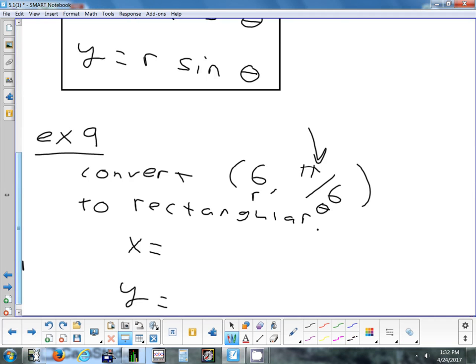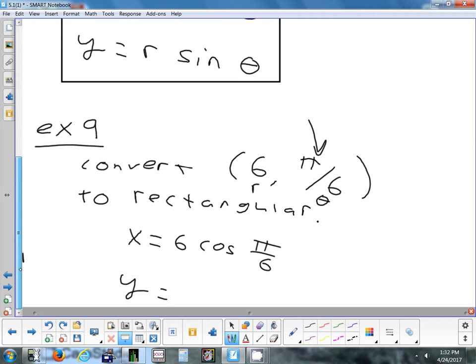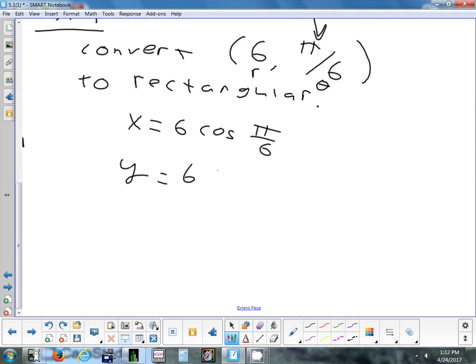For x it would be 6 cosine pi over 6. Yep. Okay, we'll come back and figure that out in a second. Y, do you want to do y? Sure. Okay. It'd be 6 sine pi over 6.